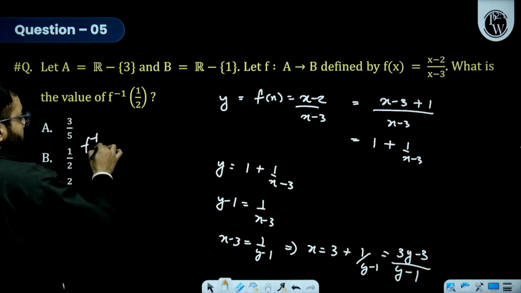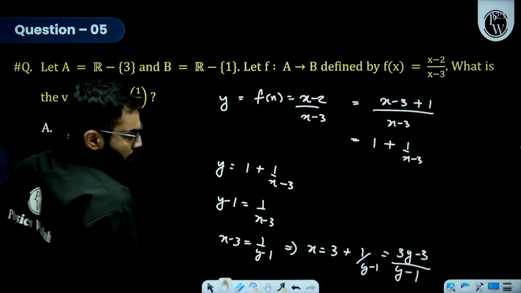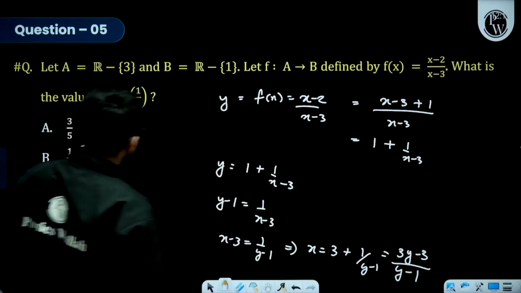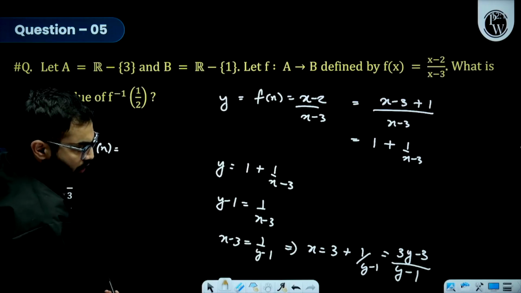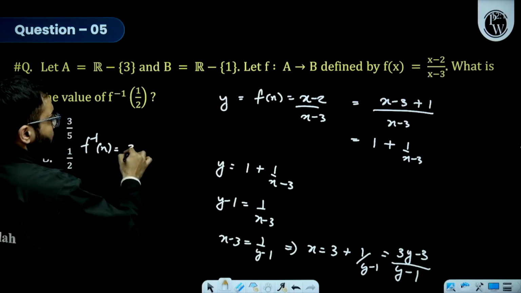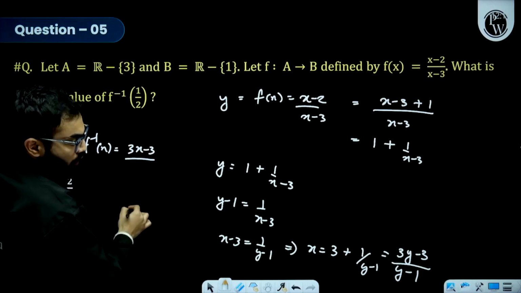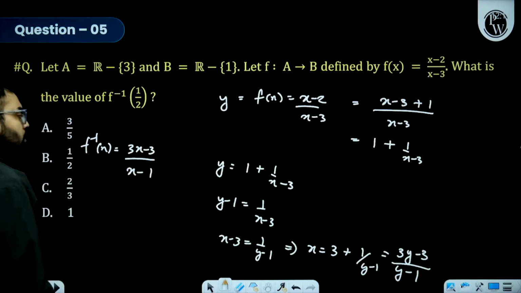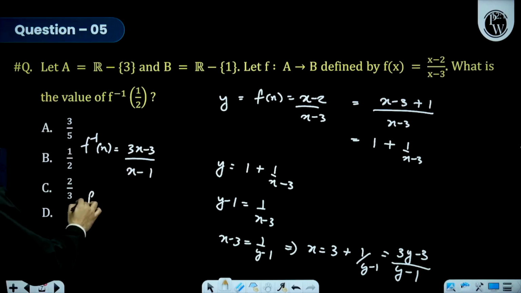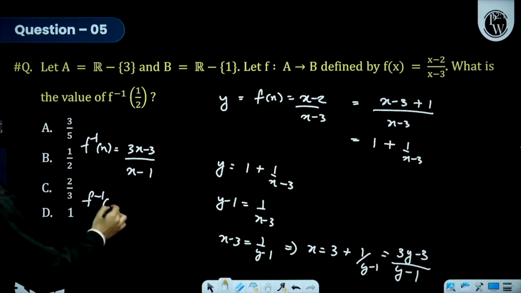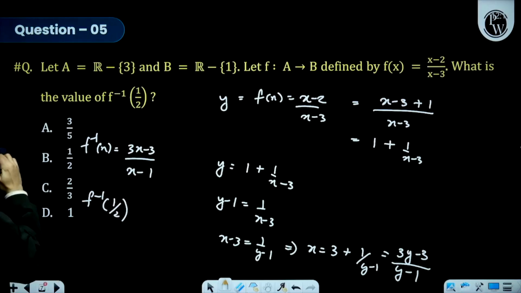So f inverse of x comes out to be, now we just need to change this y to x. So this is going to be our original inverse function, and this is going to be equal to 3x minus 3 upon x minus 1. Now the question was asking us to find the value of f inverse of 1 by 2. So we'll have to substitute 1 by 2 in the place of x.